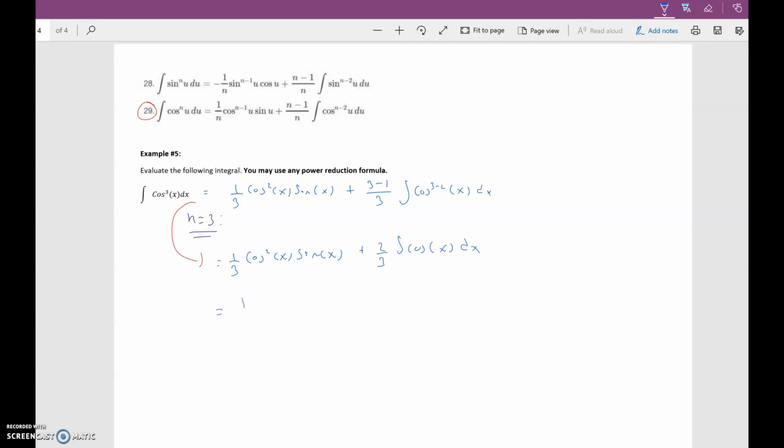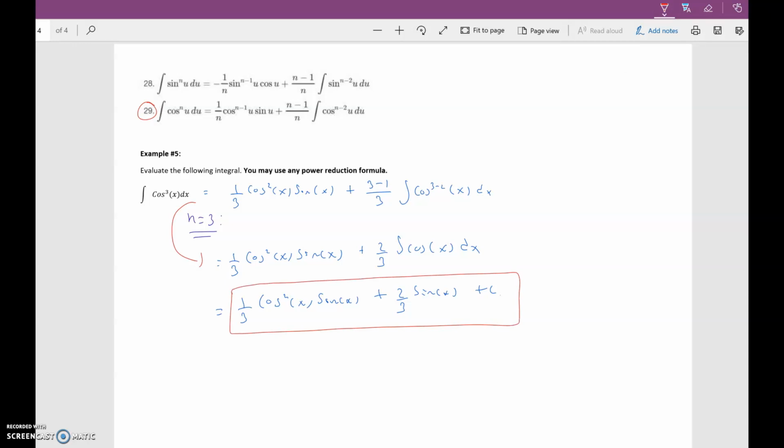So our final answer is 1/3 cosine squared of x sine of x plus 2/3 sine of x plus the constant. This is our final formula.